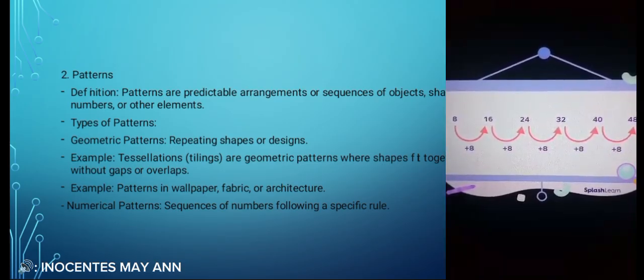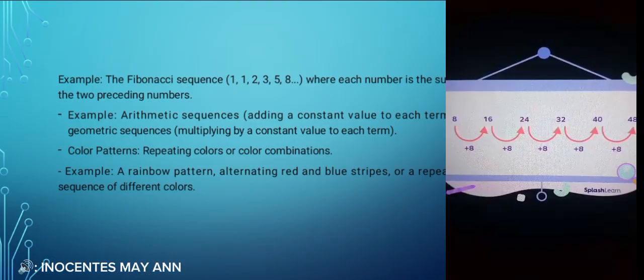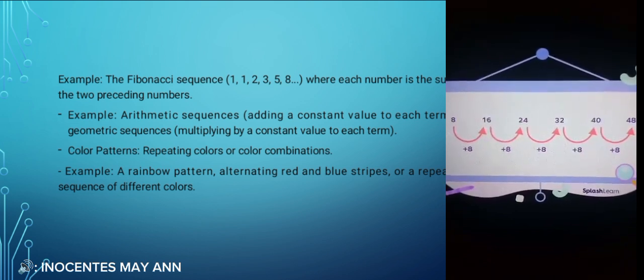Numerical patterns. Sequences of numbers following a specific rule. Example, the Fibonacci sequence, where each number is the sum of the two preceding numbers. An example of a number pattern is the arithmetic sequence, adding a constant value to each term, or geometric sequences, multiplying by a constant value to each term.